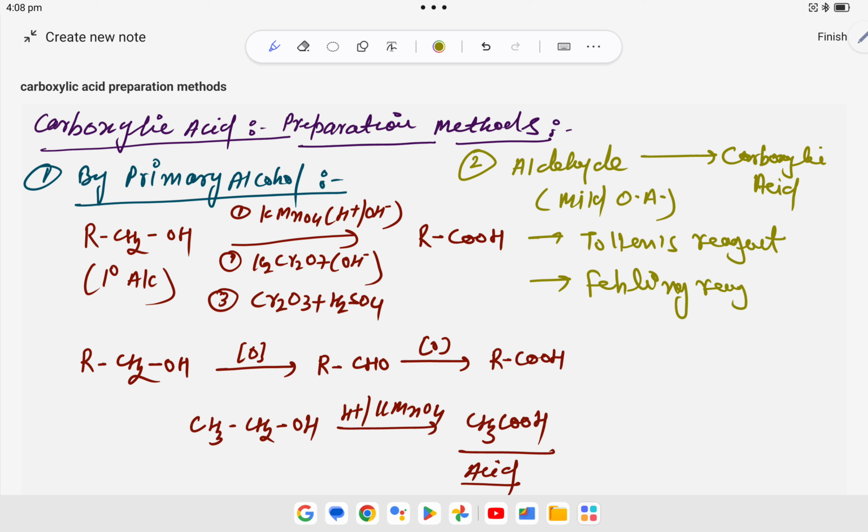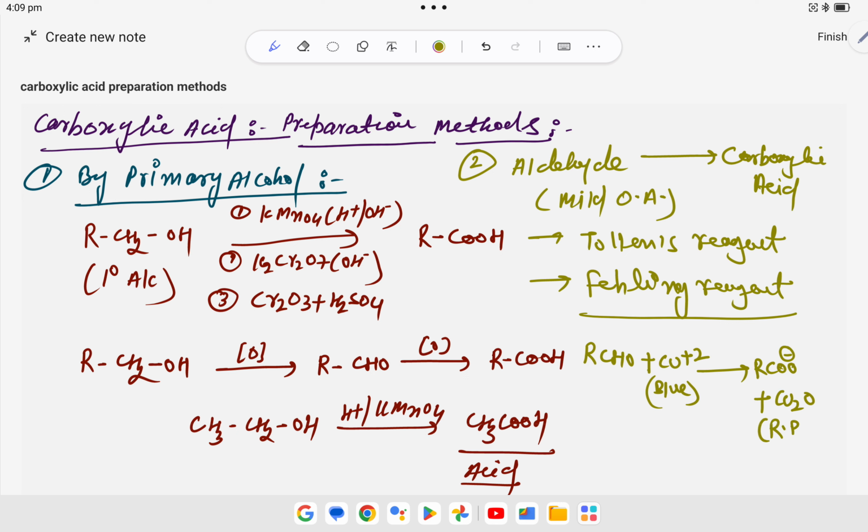About Tollens and Fehling, I have prepared a complete lecture. You can go through it. It is available from aldehyde to ketone. So for general I am writing RCHO. If you are using Fehling reagent, Cu2+, that is blue color, it is converted into RCOO minus plus Cu2O, that is reddish brown color.